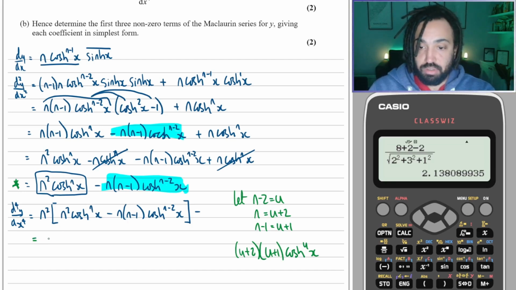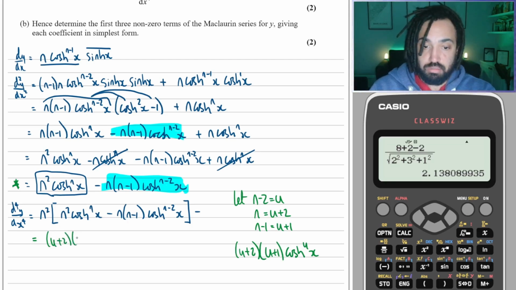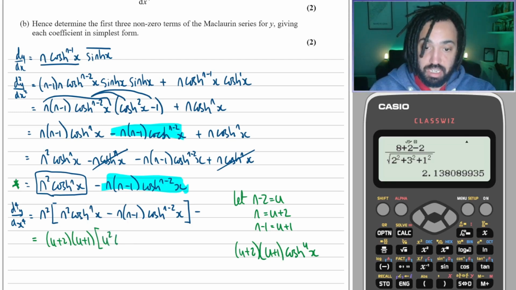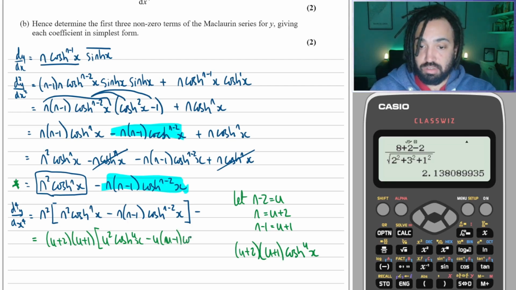The constant in the front will stay the same, so u plus 2, u plus 1 will stay the same as well, but cosh to the u, what does that differentiate to? It differentiates to u squared cosh of u of x minus u minus 1 cosh of u minus 2 of x.